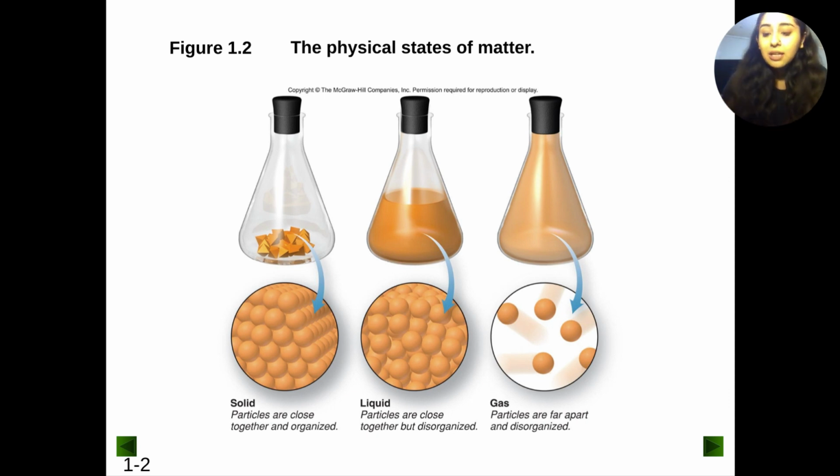In a liquid, the particles are close together, but they're not very organized. They're pretty disorganized. That's why it's able to move and mold to whatever shape. And then gas, the particles are far apart and very disorganized. That's kind of why you can't really see them in the air.